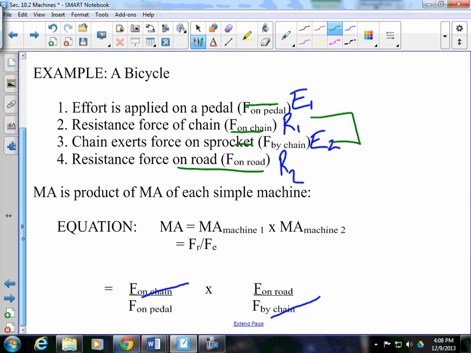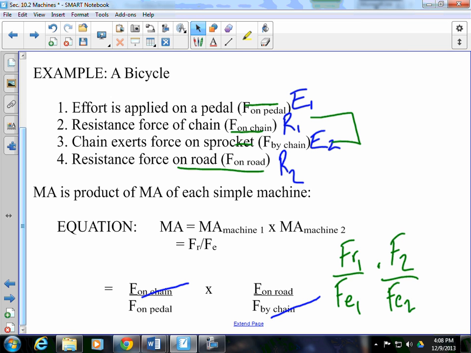They say the same exact thing. Since we are combining two simple machines, we are just going to multiply our two mechanical advantages together. So the total mechanical advantage for a compound machine, MA, is equal to MA1 times MA2. And remember, mechanical advantage is equal to FR divided by FE, so you're going to have FR1 over FE1 times FR2 over FE2.